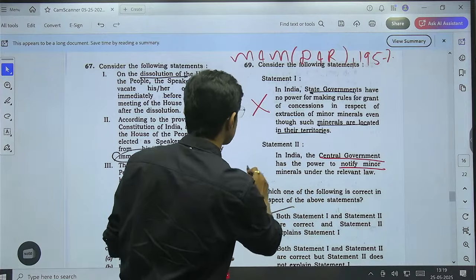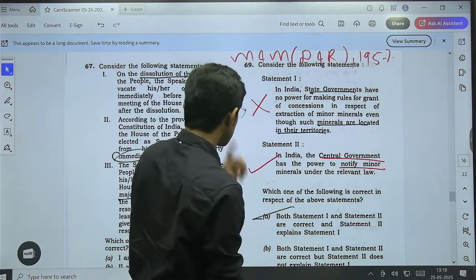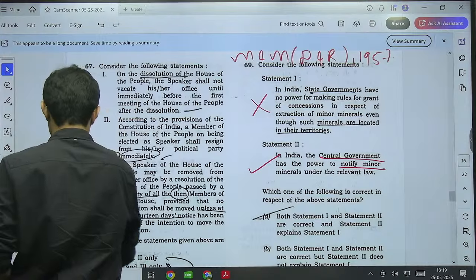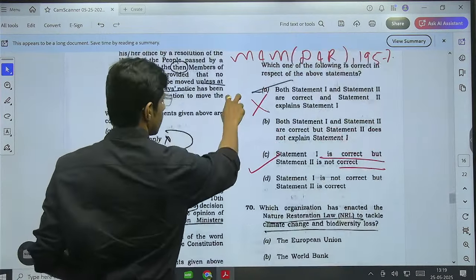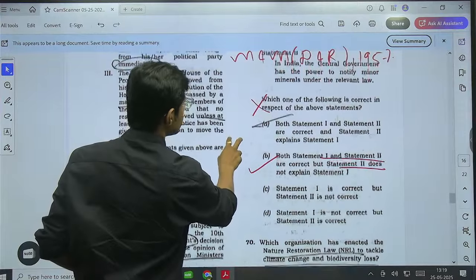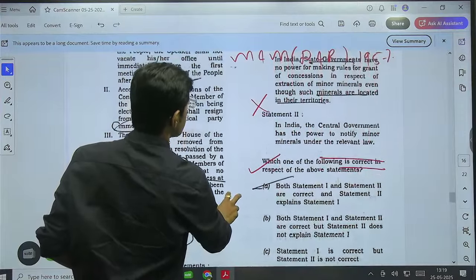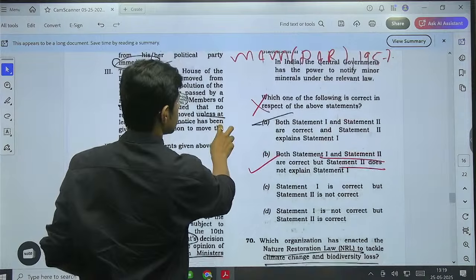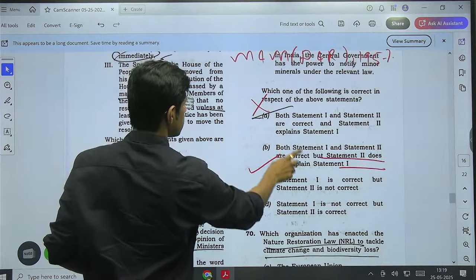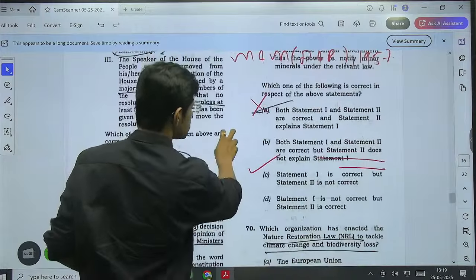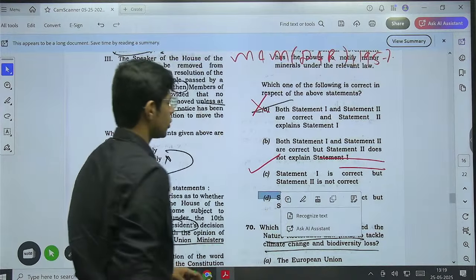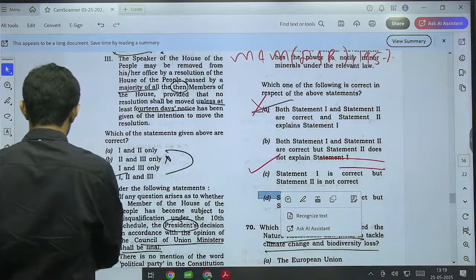So this statement is correct. This statement is incorrect, which means statement 1 is not correct, statement 2 is correct. Okay. Statement 1 is not correct, right? Yeah. So option D is the correct answer for this particular question.